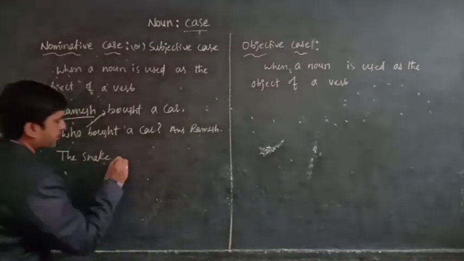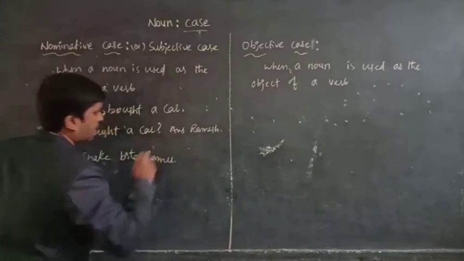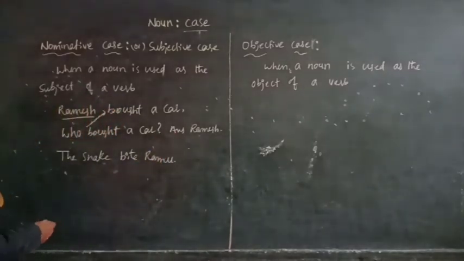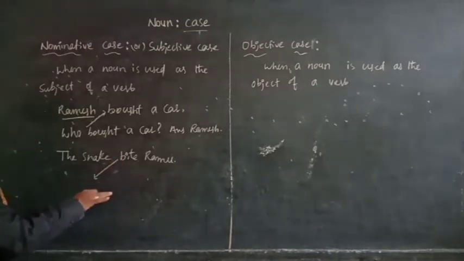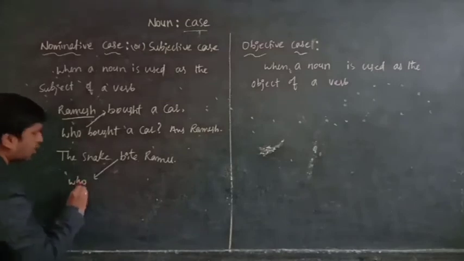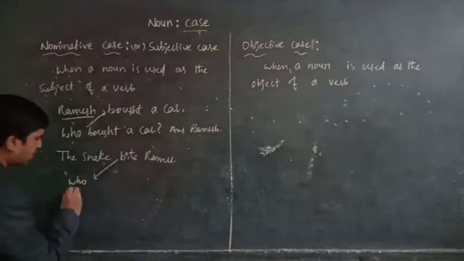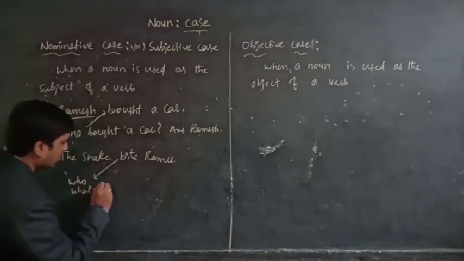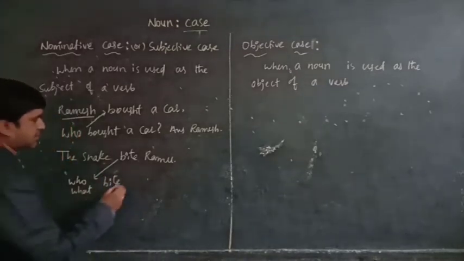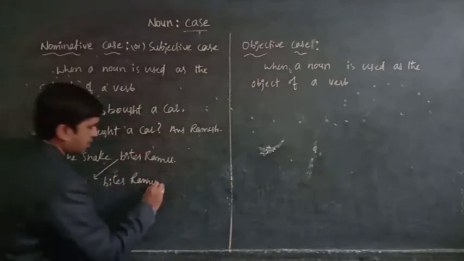Another example: the snake bites Ramu. If you want to know the subject here, what do you have to do? You have to keep who before the verb. Who bites Ramu, or what bites Ramu?